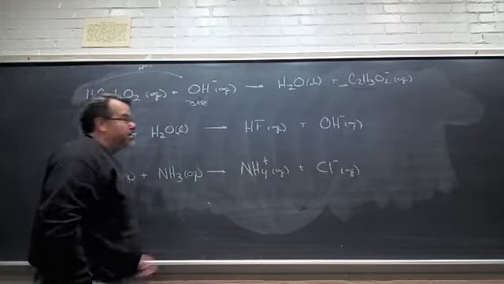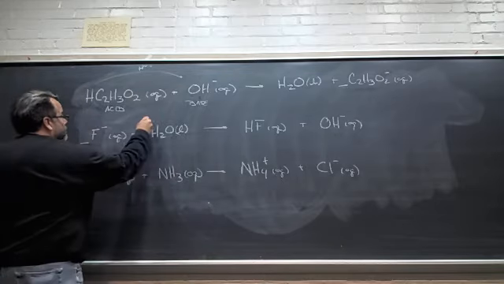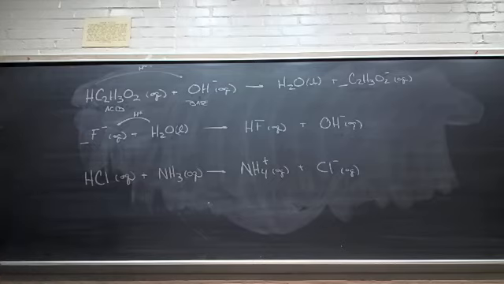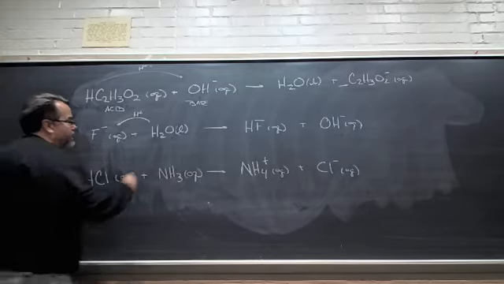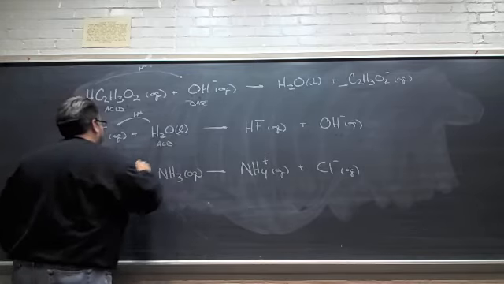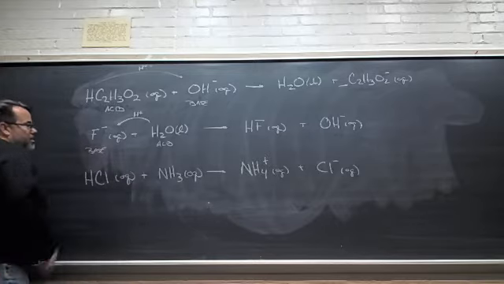It's got two hydrogens. And over here, it's only got one hydrogen. So clearly a hydrogen must have been transferred from the water molecule to the fluoride. So that means this is the proton donor, the acid. This is the proton acceptor, the base.